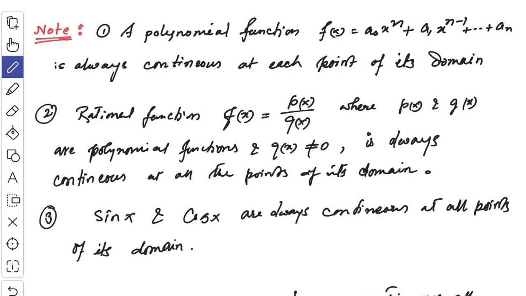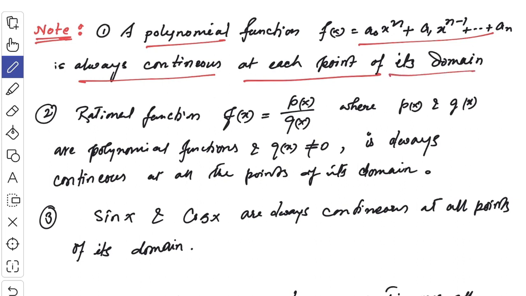Before we solve the problems, let me tell you some very important points on continuity of functions, which are going to help you in solving the problems of this exercise. The first point is a polynomial function is always continuous at each point of its domain.